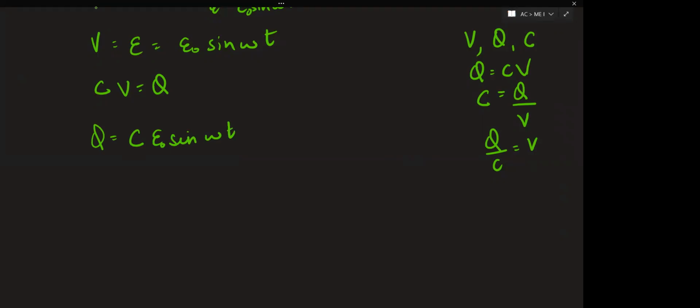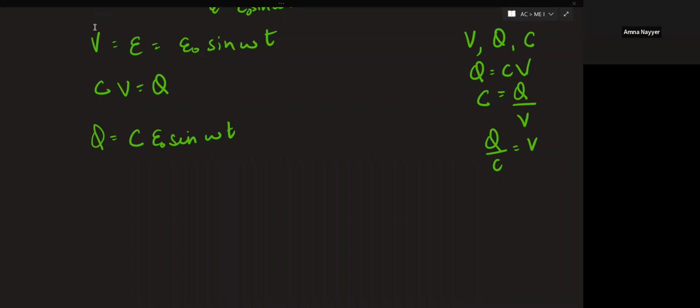Now, if I have to find the current, how do we find current with the help of charge? If charge is given, how do we calculate current? I is equal to dq over dt.